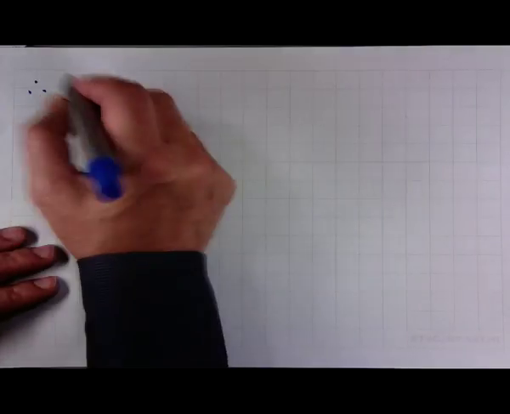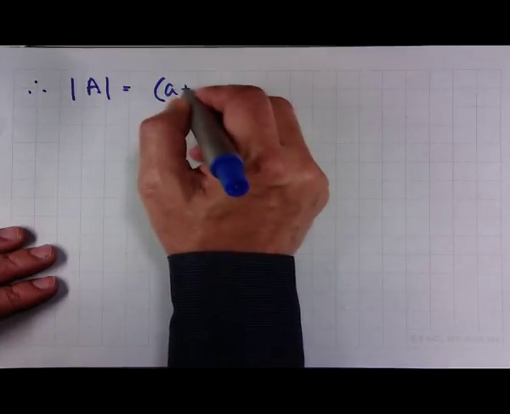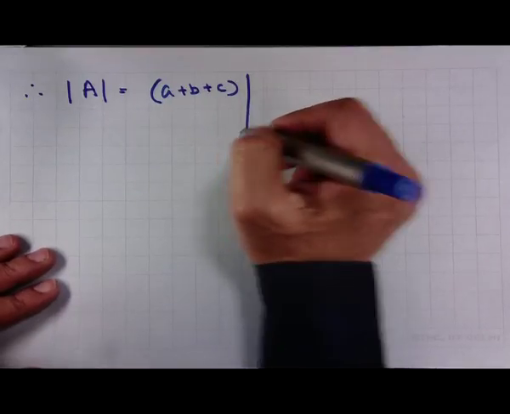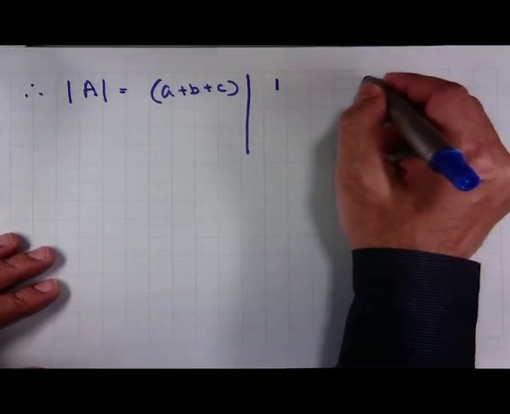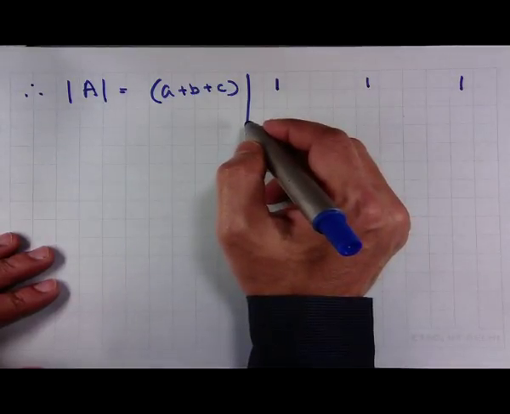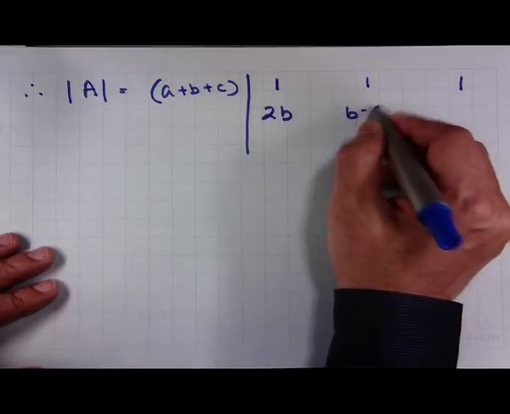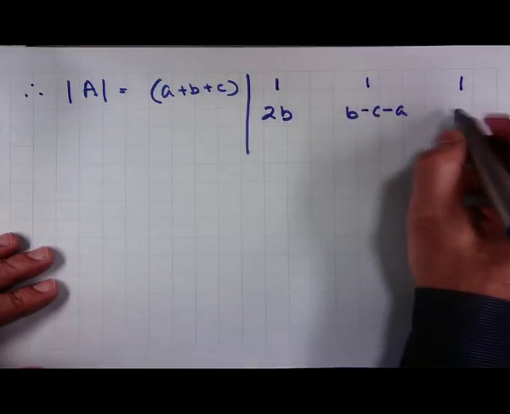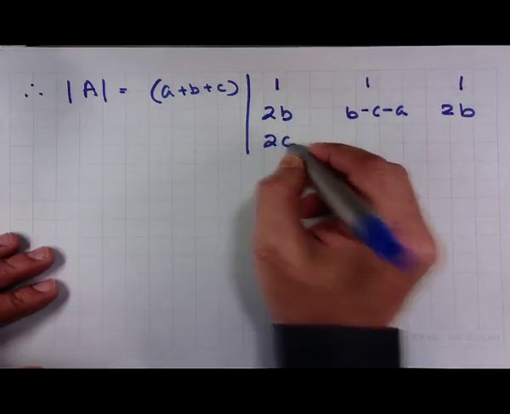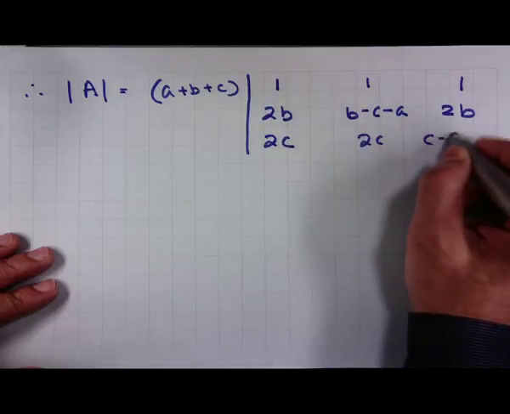Therefore, determinant of A is equal to A plus B plus C into determinant of 1, 1, 1, 2b, b minus C minus A, 2b, 2c, 2c, C minus A minus B.